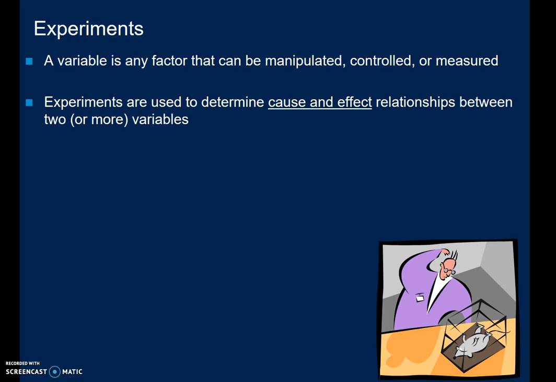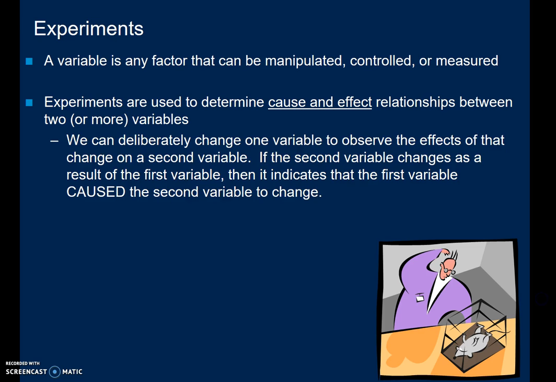Because of that, experiments are the only research method that are used to determine cause and effect relationships between two variables. So we can deliberately change one variable. We observe the effects of that change on a second variable, and if the second variable changes as a result of the first, then we can indicate that the first variable caused the second variable to change.